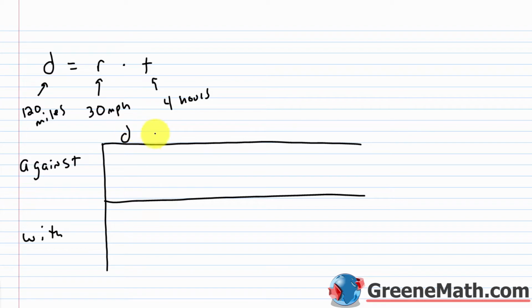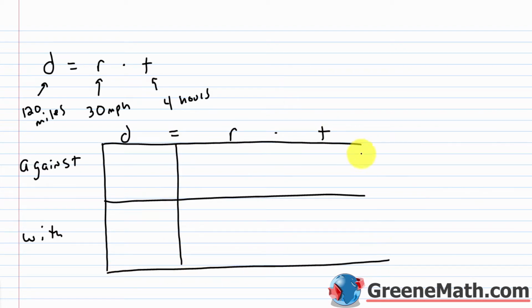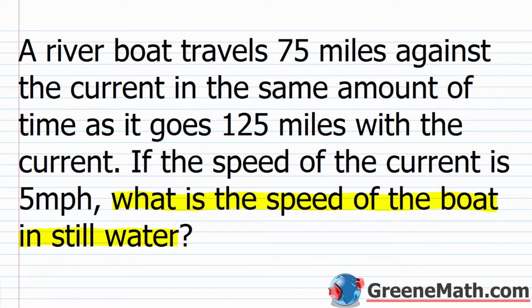So let's put distance is equal to rate times time, like that. And we'll make ourselves a nice little table. I went over just a little bit, so let's kind of clean that up. Okay, let's make a little line here, and now we're ready to go. All right, so the distance when we're going against and the distance when we're going with. Let's see if we can fill that out.